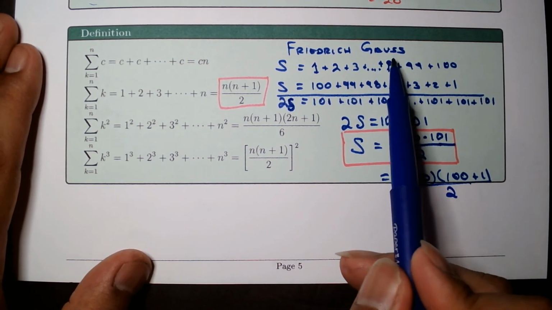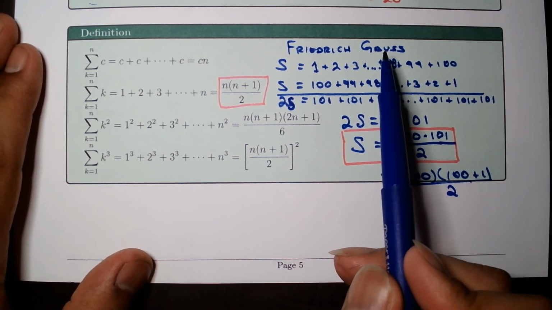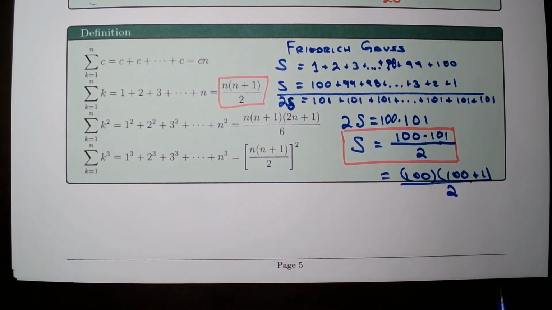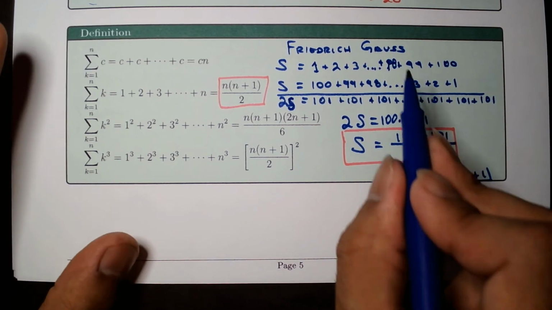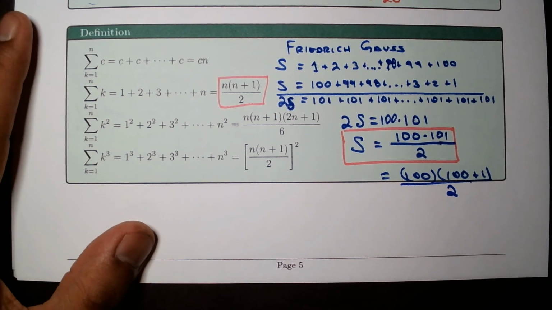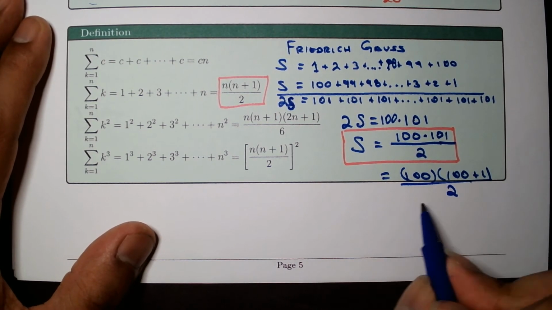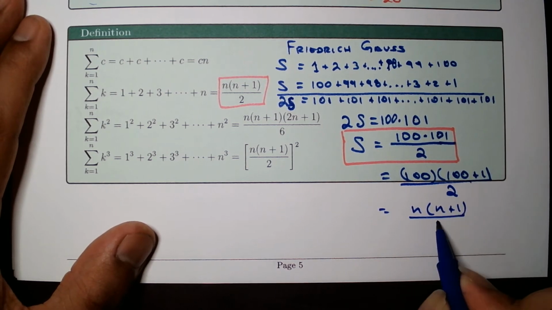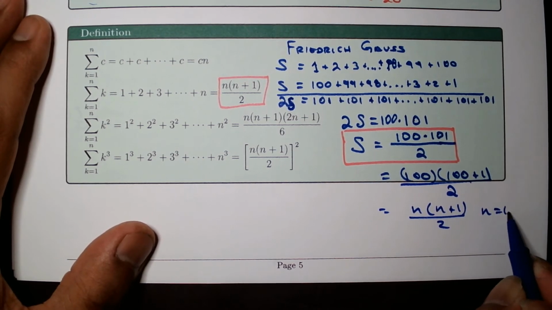This little kid, I think he was 8 years old when he did this. Maybe not within seconds, it might have been a minute or two, but not just three or four seconds. So this is what it was in his mind. That's basically n times n plus 1 over 2, where n equals 100.